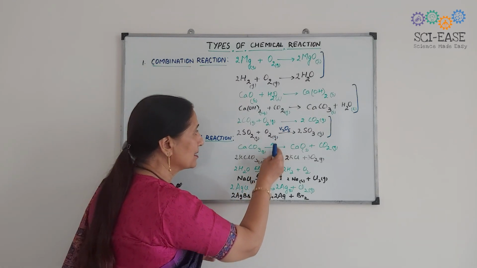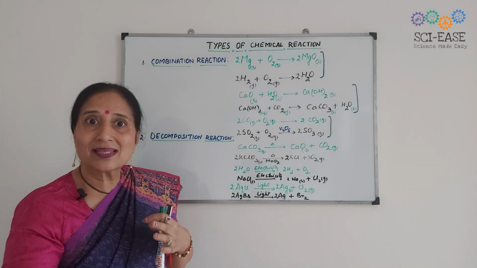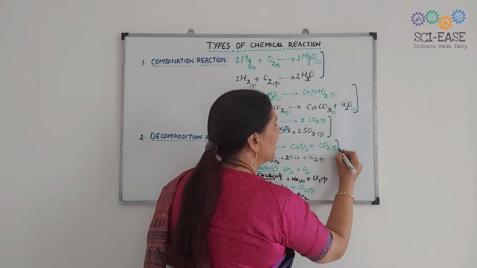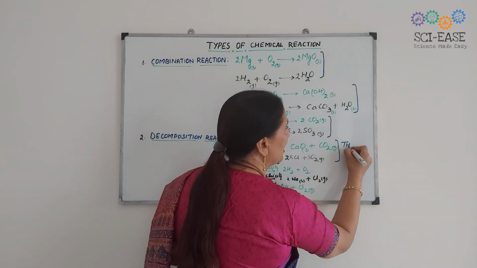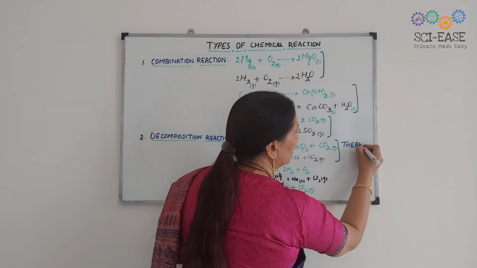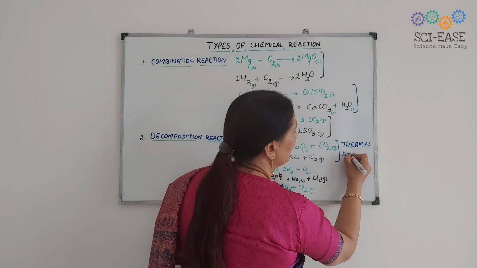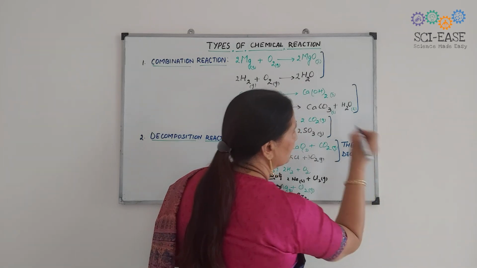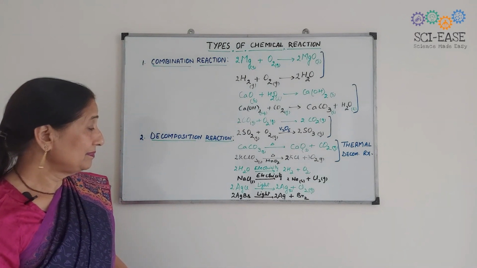Here we are supplying heat in order to decompose the substance. So this type of reaction where heat is used to decompose, they are known as thermal decomposition reaction. Here we are supplying heat.